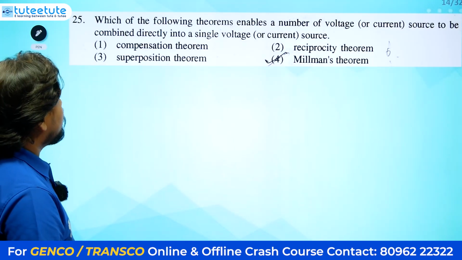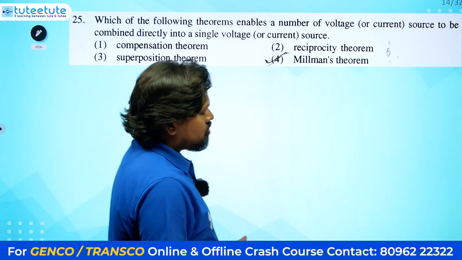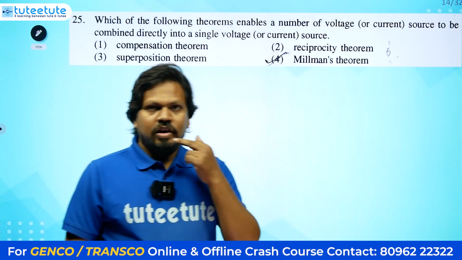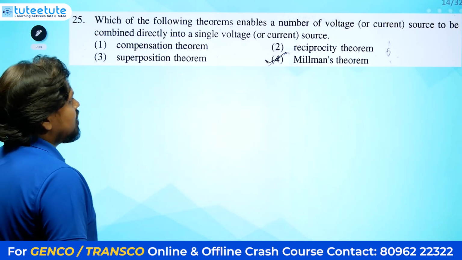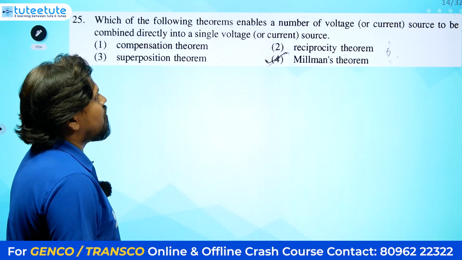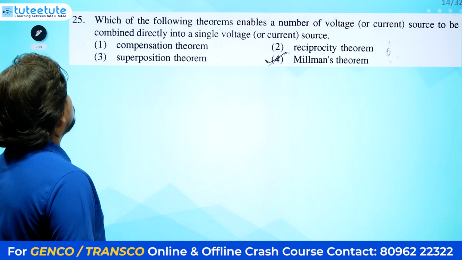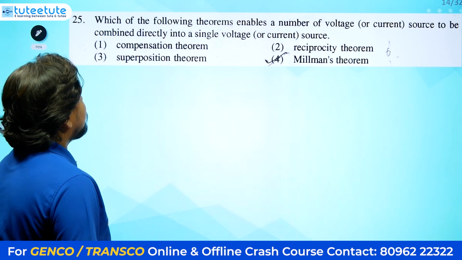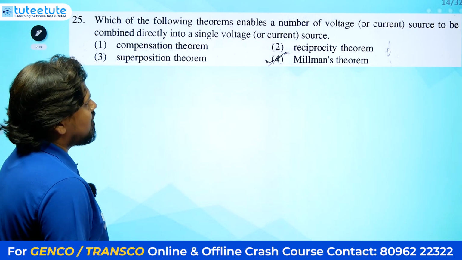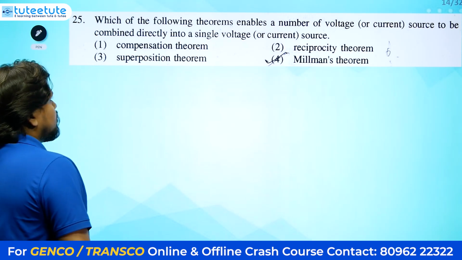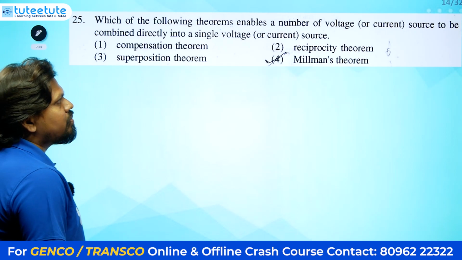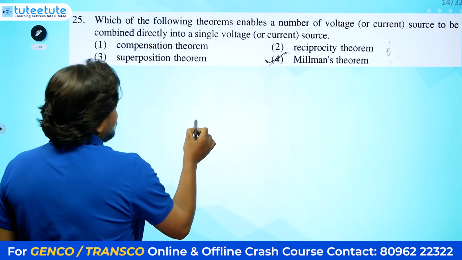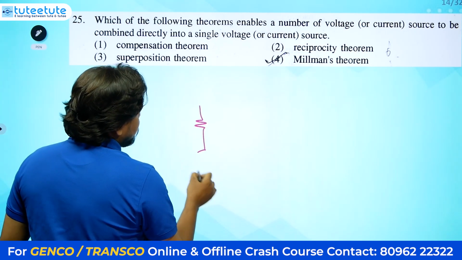Okay, which of the following, so this is a networks question only. In the last video I forgot to add this question, that's why I have kept it here. Which of the following theorems enables a number of voltage sources to be combined directly into a single voltage or current source? What is a voltage source?